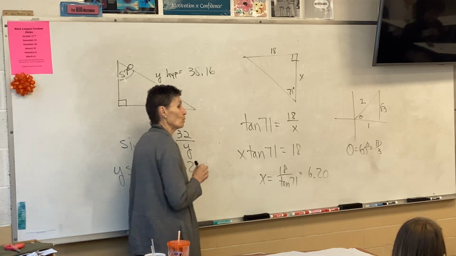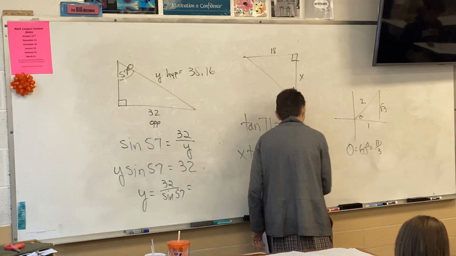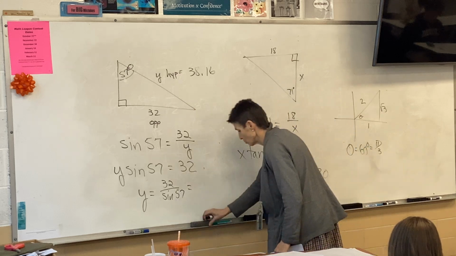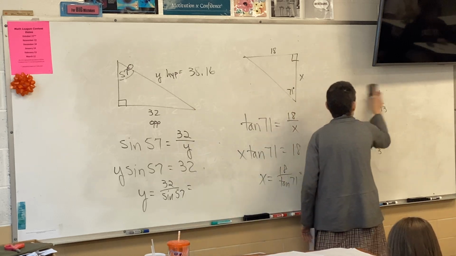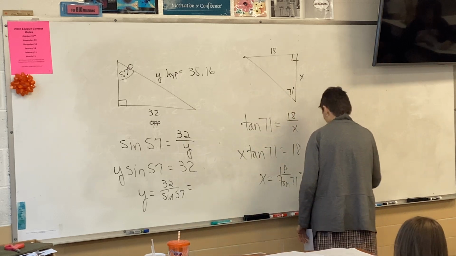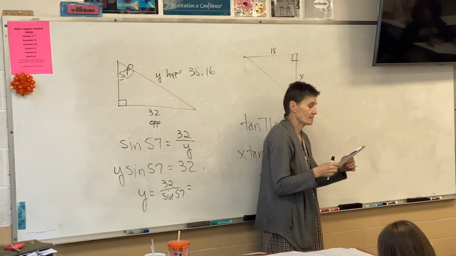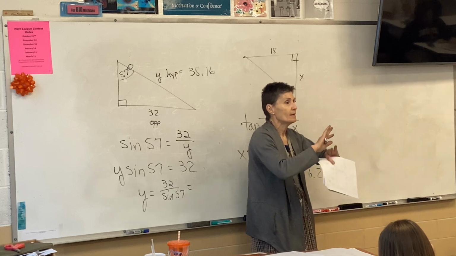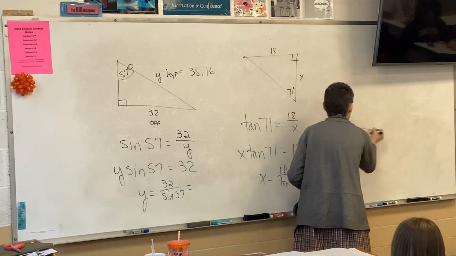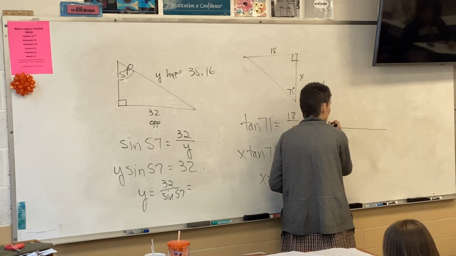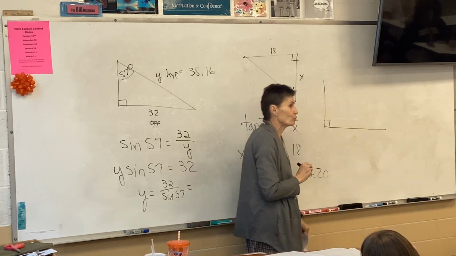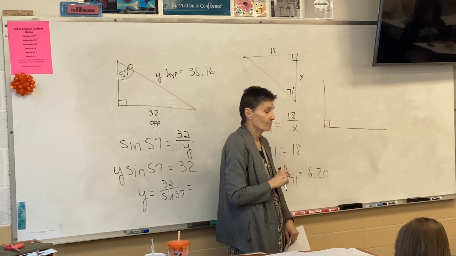All right, now we got some word problems. Great way to finish our day with some word problems. So what's going on? We got a squirrel sitting in the top of a tree. Here's the ground, here's the tree. We're gonna assume the tree is perpendicular, okay?